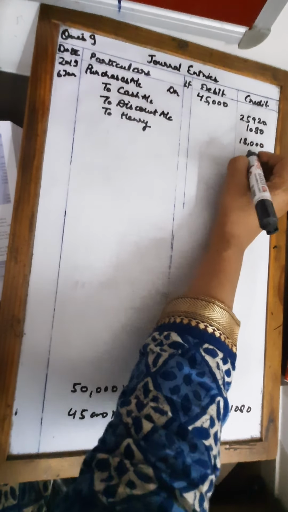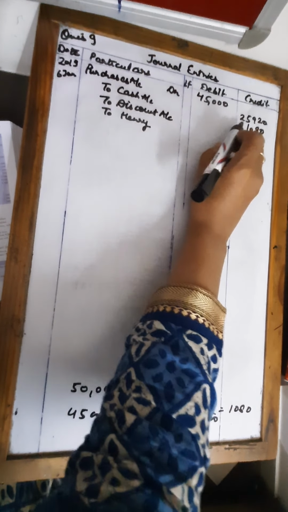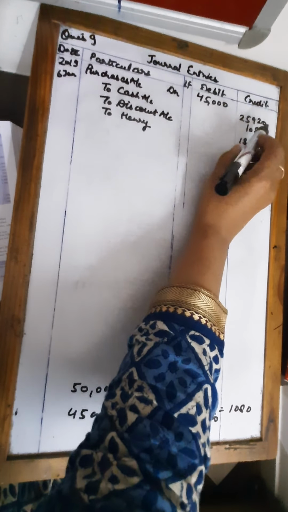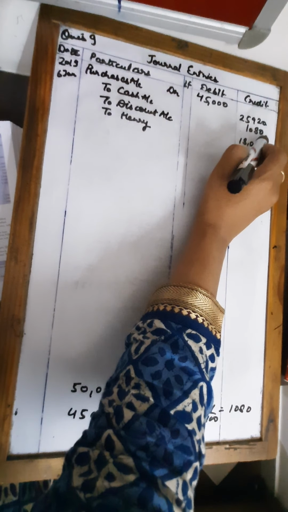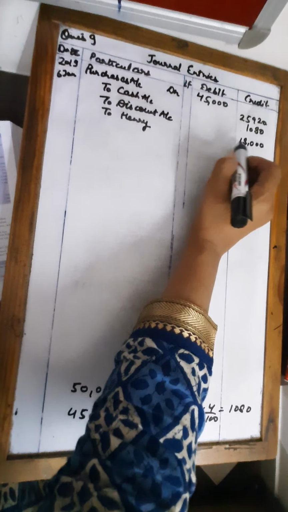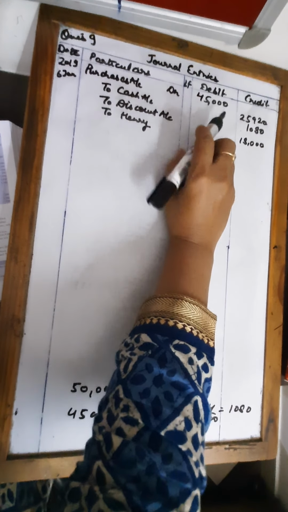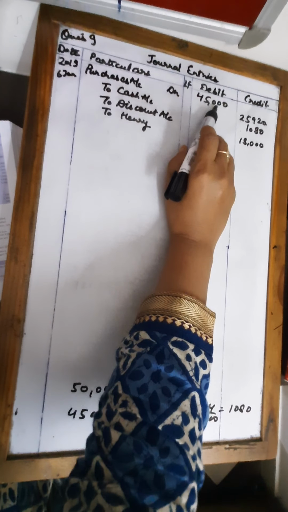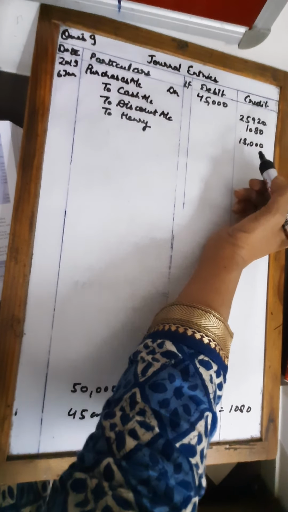How will you calculate 18,000? 45,000 minus 25,920 and minus 1,080 is your remaining amount, 18,000. Or directly you can calculate 45,000 into 40%. 60% is paid in cash by check.